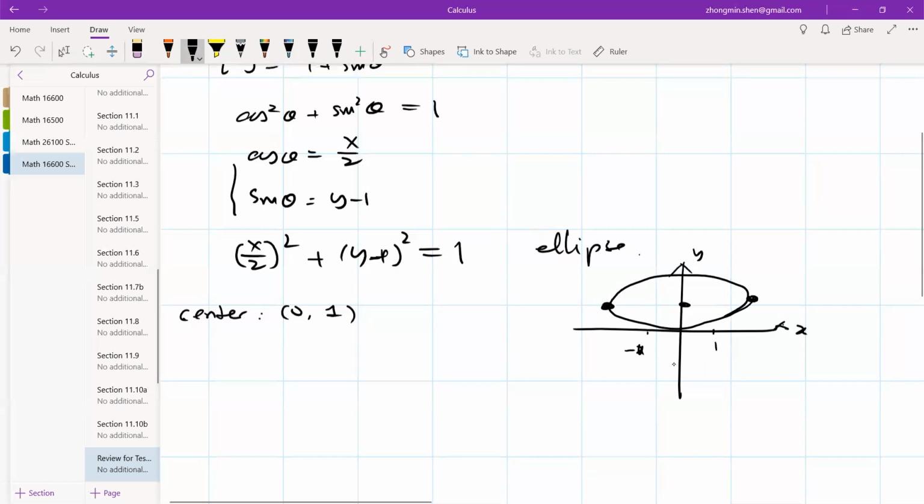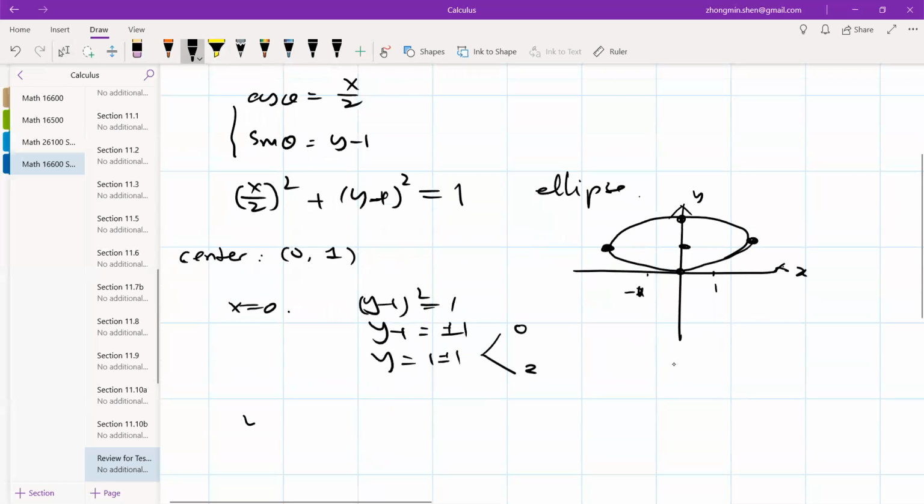How do you determine the upper and lower bounds for the ellipse? You can set x to be 0. Then (y minus 1) squared equals 1, so y minus 1 is plus or minus 1, and y equals 1 plus or minus 1. So you have 2 values, either 0 or 2. That's why you get 2 points on the ellipse. And when y minus 1 equals 0, then half of x squared equals 1, so x is going to be plus or minus 2.